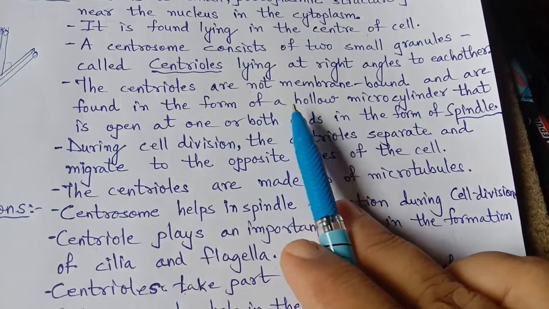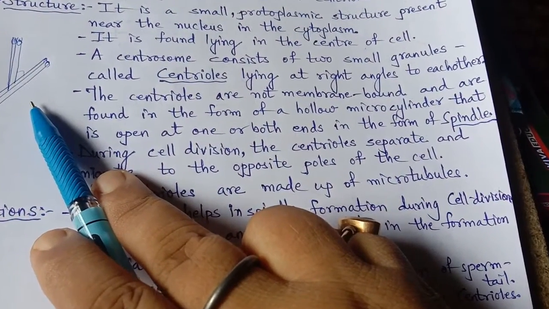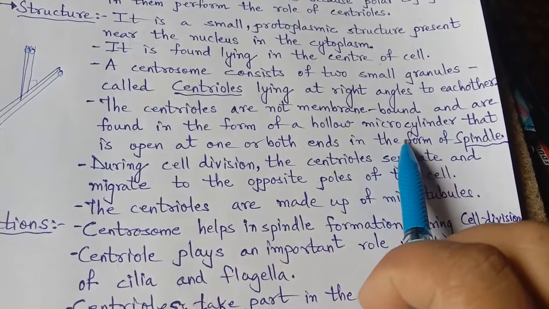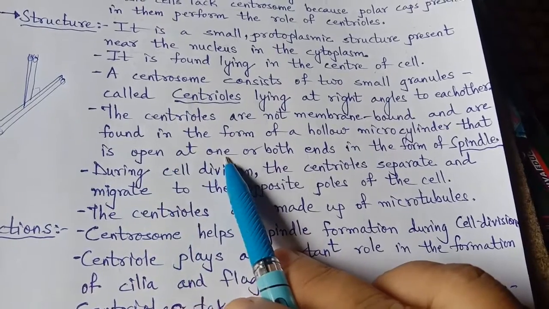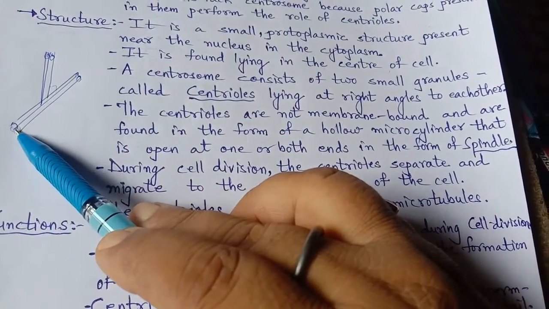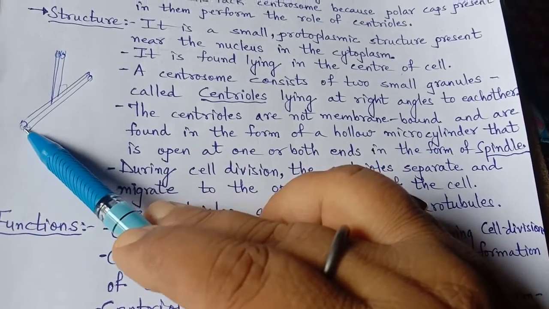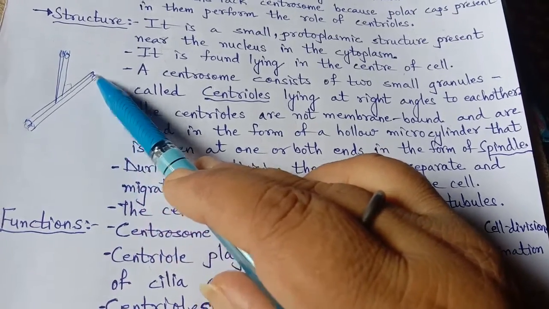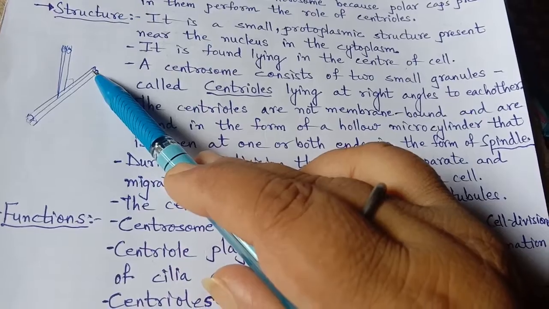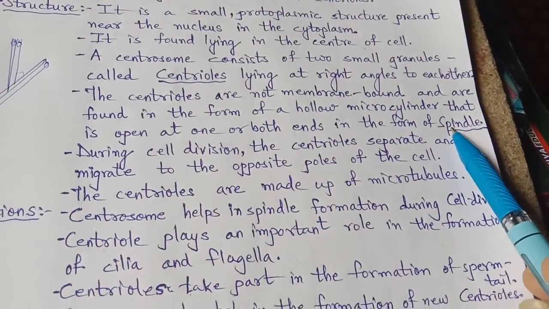The centrioles are not membrane bound, they don't have their own membrane and are found in the form of a hollow microcylinder that is open at one or both ends in the form of spindles like this. They don't have their own complete boundary, but they are microtubules, very thin tubes open at one or at both ends. See, I have shown you. And they are forming a group which is termed as spindle.